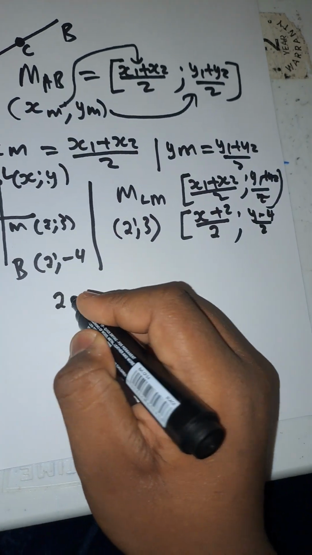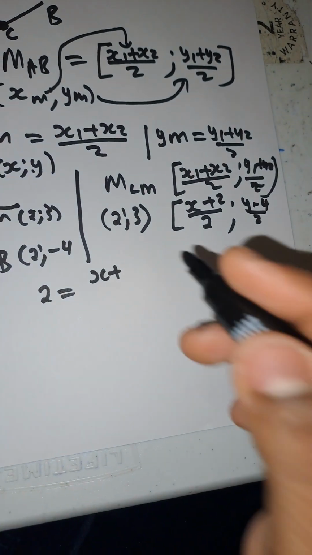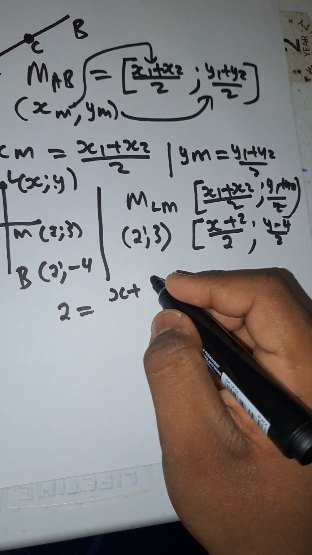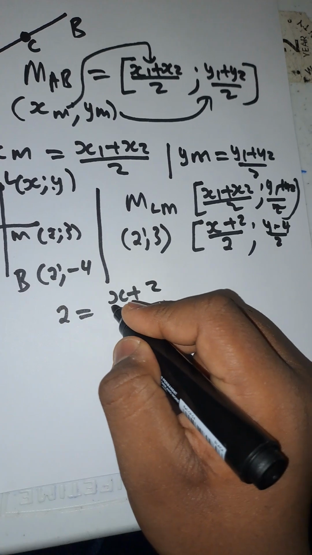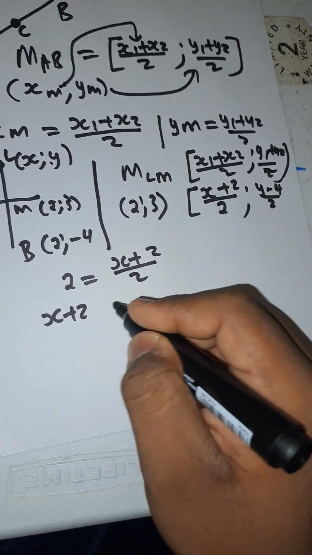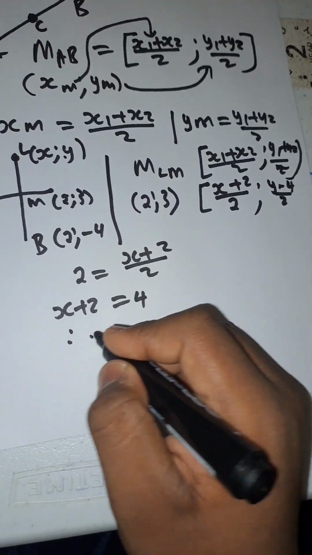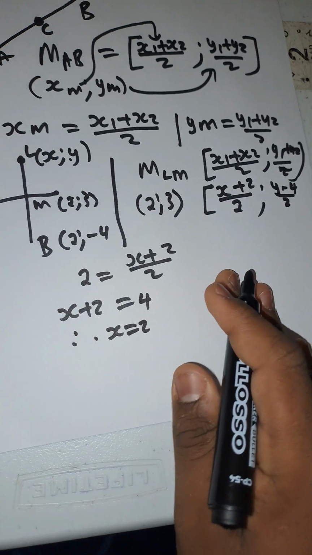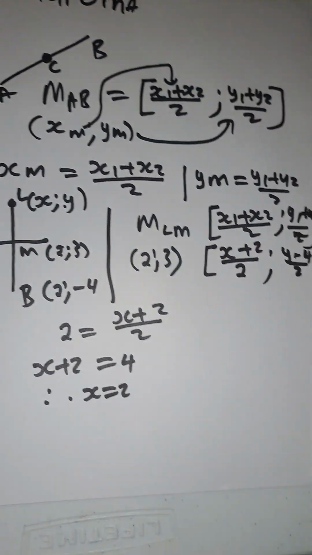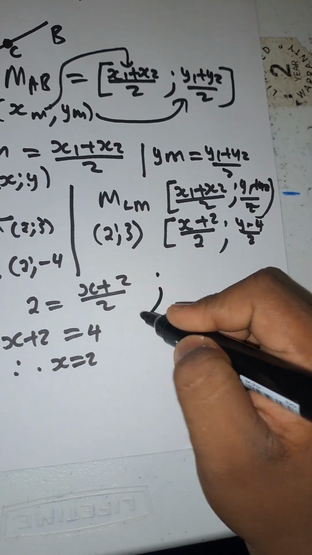2 is equal to x plus 2 over 2, then it's going to be x plus 2, you cross multiply, is equal to 4, and therefore x is equal to 2, you see. And then for y, let me simply do it for you like this.